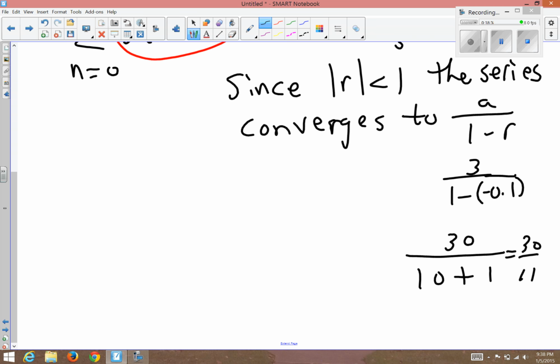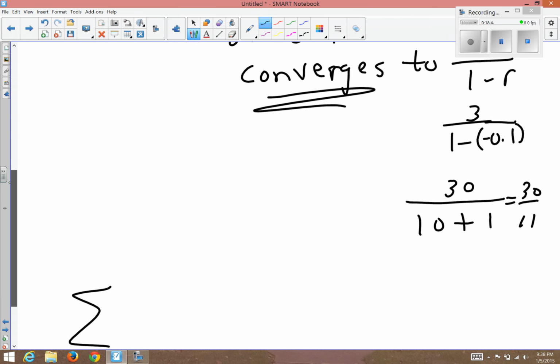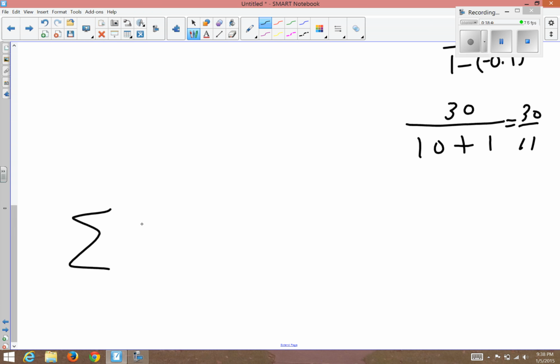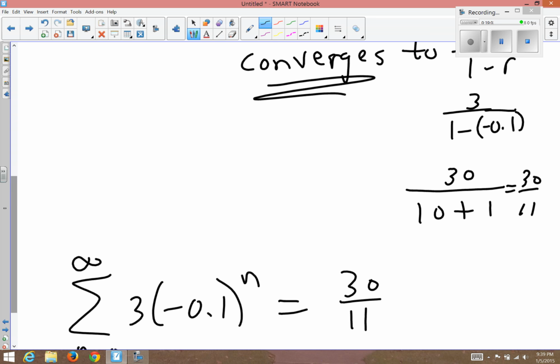And we can summarize this whole problem by saying sigma 3 times negative 0.1 raised to the nth power, where the n is actually starting at 0, going forever. N is 0, then 1, then 2, then 3, and so on, is equal to 30 over 11. And I already wrote that the series converges. Down here I'm saying what it converges to.